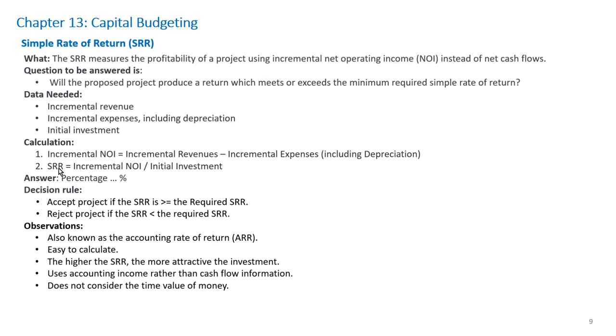The decision rule is to accept the project if the simple rate of return is greater than or equal to the required simple rate of return, or reject the project if the SRR is less than the required simple rate of return.